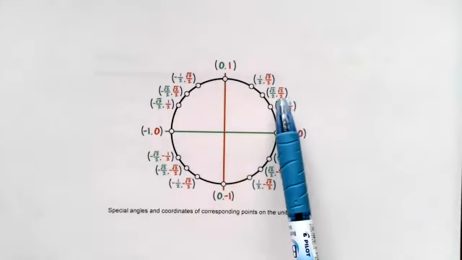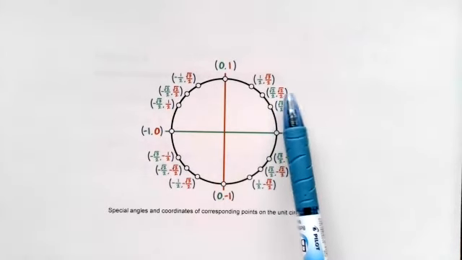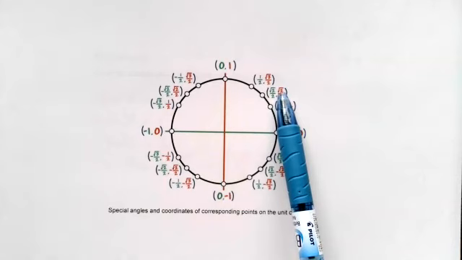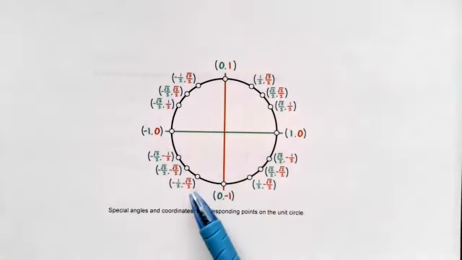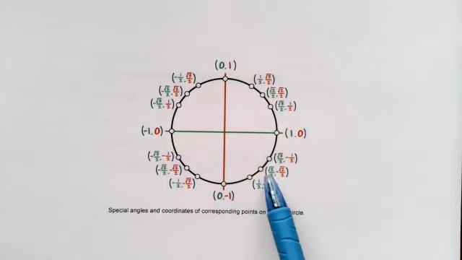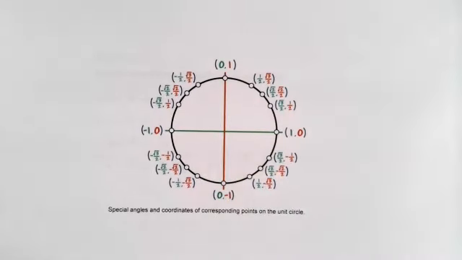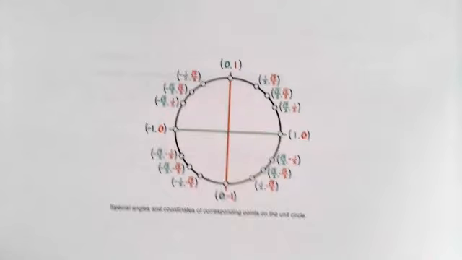We have two positive ones right here, for angle pi/4 and then another one for 3 pi/4. And then we have negative ones down here: 5 pi/4, and also here 7 pi/4. So we're going to just list those values.